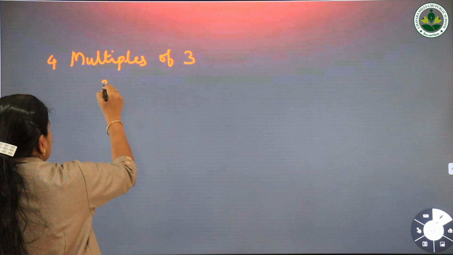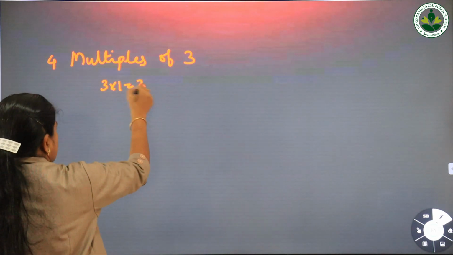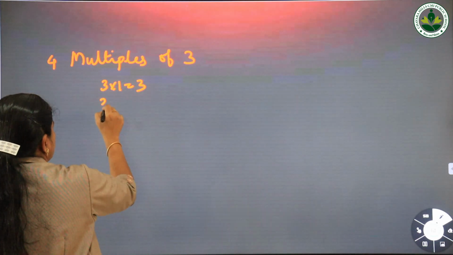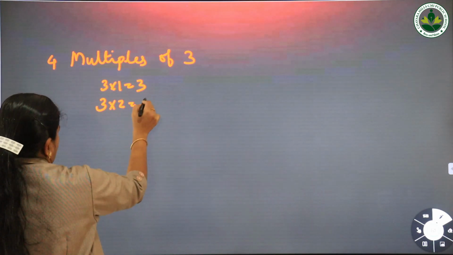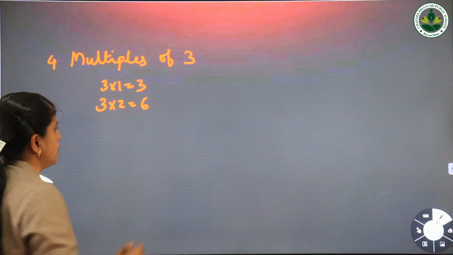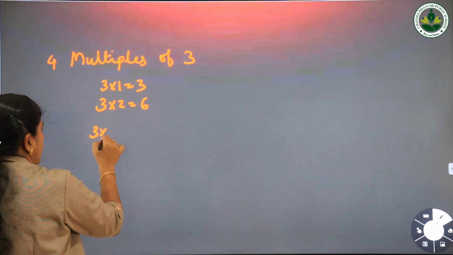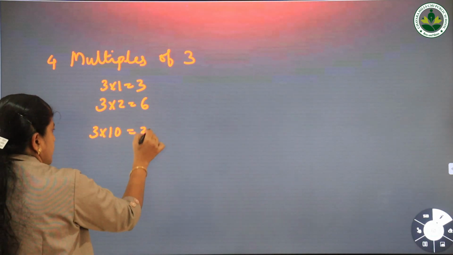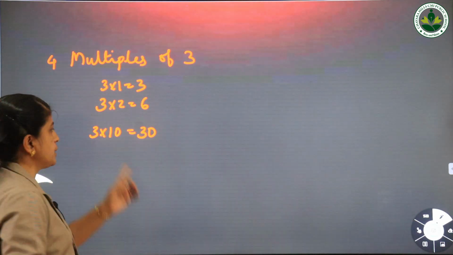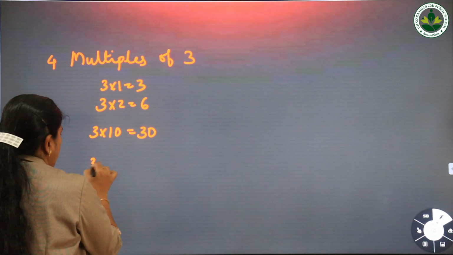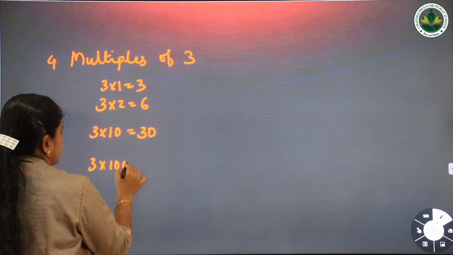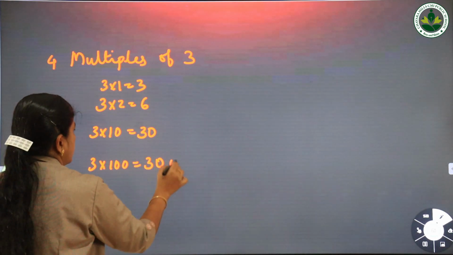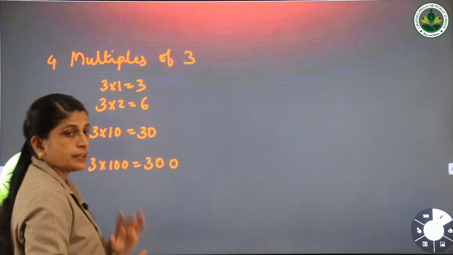When you multiply 3 by 1, 3 is a multiple. When you multiply 3 by 2, 3 into 2 is 6, that is also a multiple. If you multiply 3 by 10, you will get 30, a multiple of 3. Or if you multiply 3 by 100, you will get 300. That's also a multiple of 3.